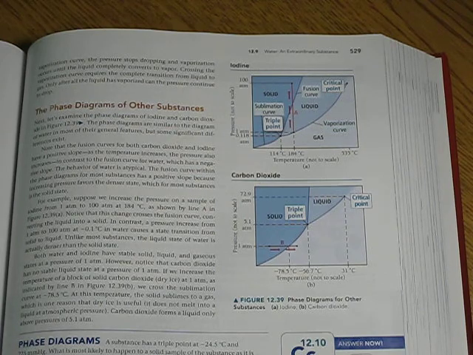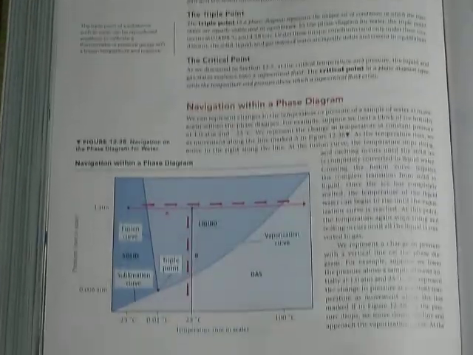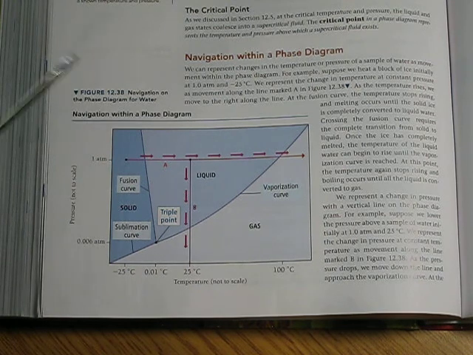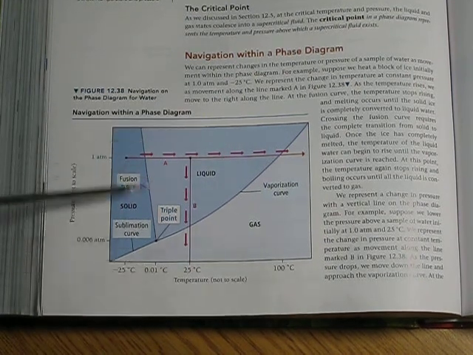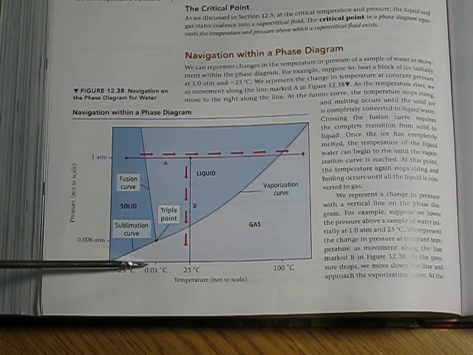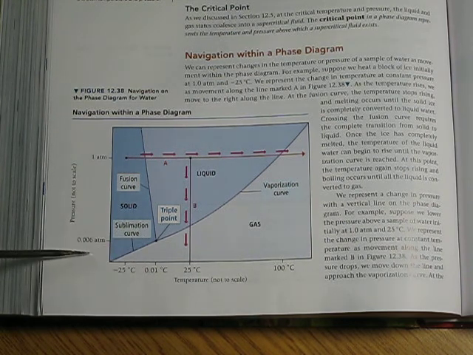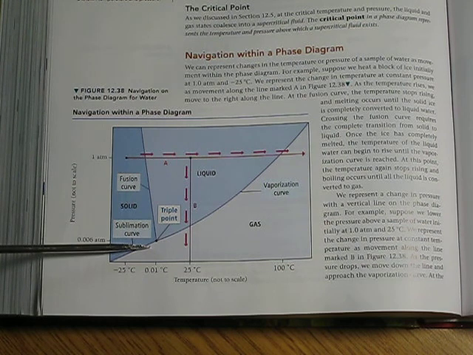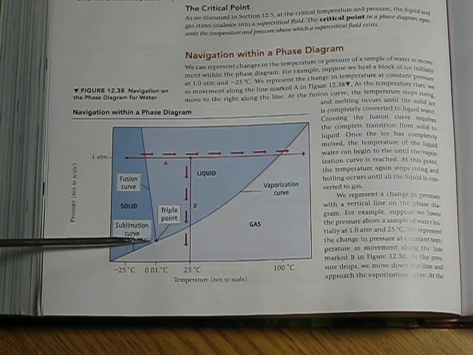The interesting thing about water is when we notice the phase diagram for water, the line goes to the left a little bit. So if you had water at about 0 degrees Celsius or so, at very, very low pressures, it would be a gas. And if you increased the pressure, it would go from the gas to the solid.